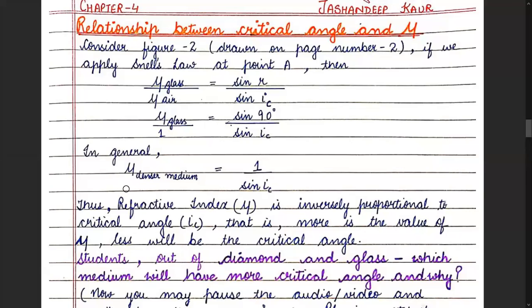So in general, refractive index is equal to 1 upon sine of critical angle. Students, refractive index is inversely proportional to critical angle. That is, more is the value of refractive index, less will be the critical angle.